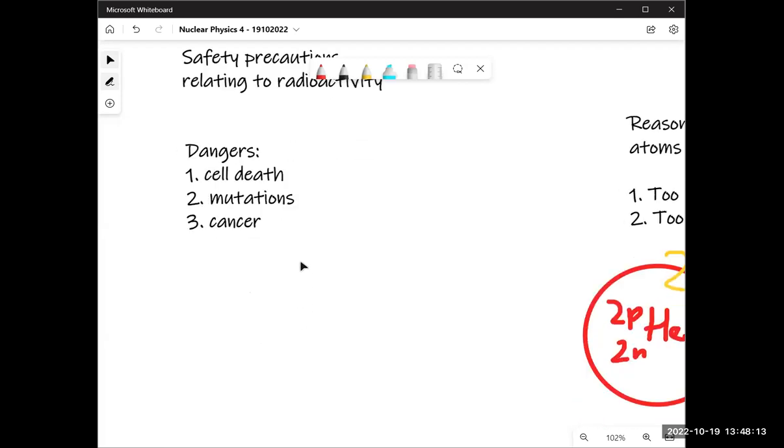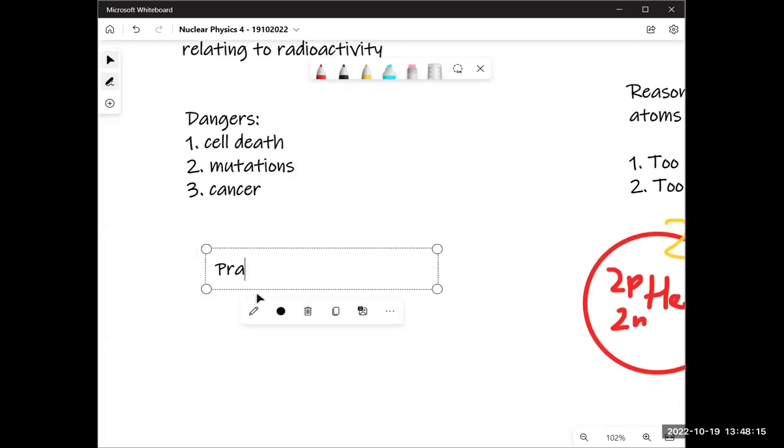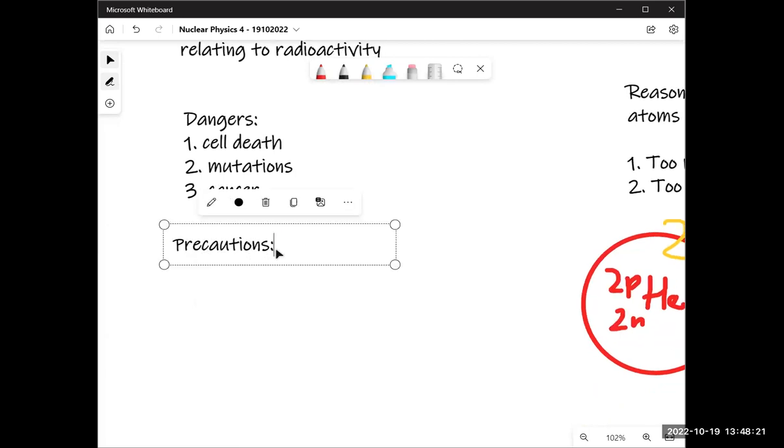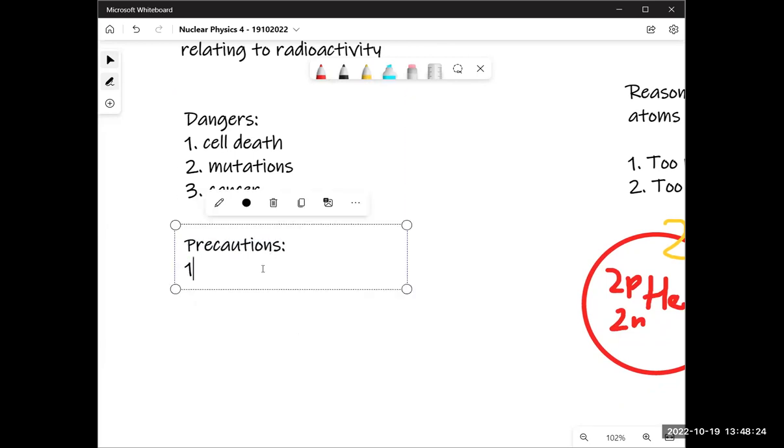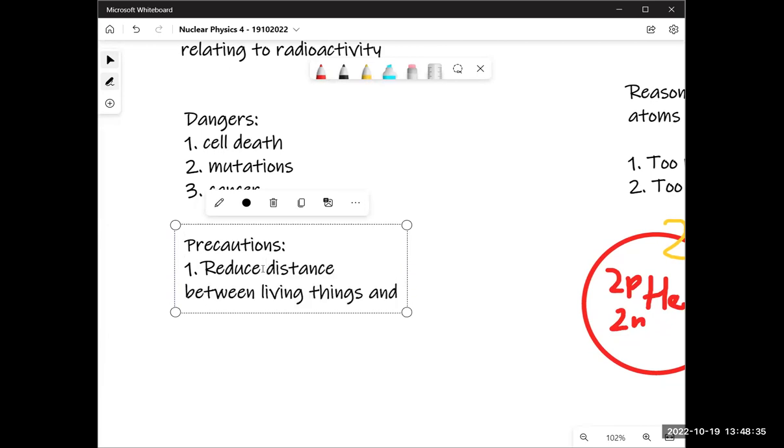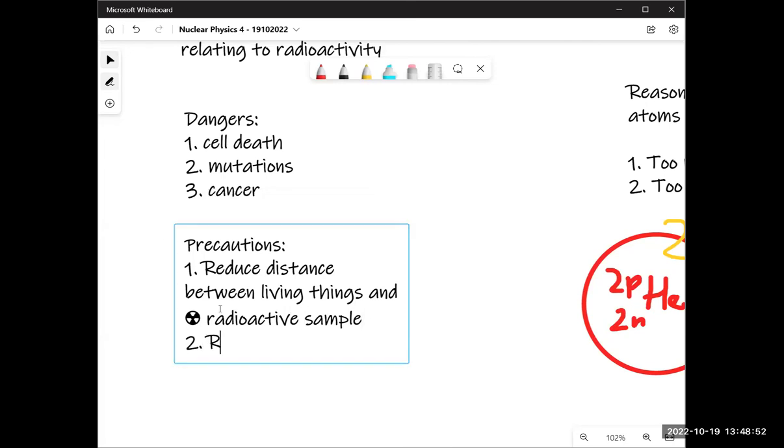Last thing is, what are the precautions you can take? First thing is, reduce distance between living thing and radioactive sample. Finally, the next thing we look at is reduce exposure time.